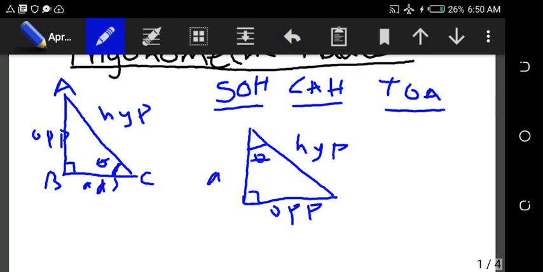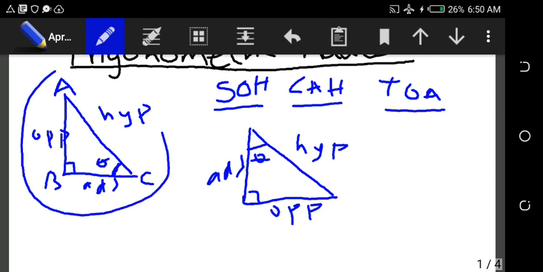That is why I said that the adjacent and the opposite side can change depending on where the angle is located. For the first example, we have the angle at this end, while in the second example we have the angle here, and you can see how the opposite and the adjacent have been interchanged in the two examples. However, your hypotenuse will always remain across the right angle.